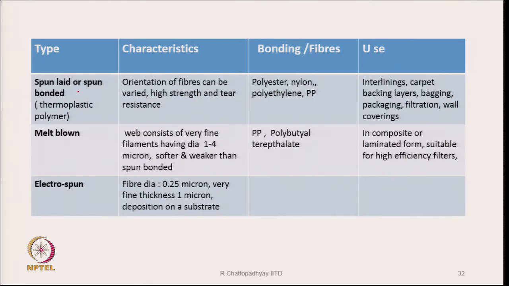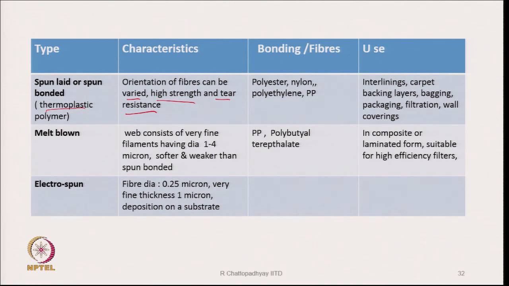For spun laid or spun bonded, the orientation of fibers can be varied, and we get higher strength and tear resistance. Fibers that can be used are polyester, nylon, polyethylene. So, we need only thermoplastic fibers for this. There is no need of additional resin to hold the fibers together.